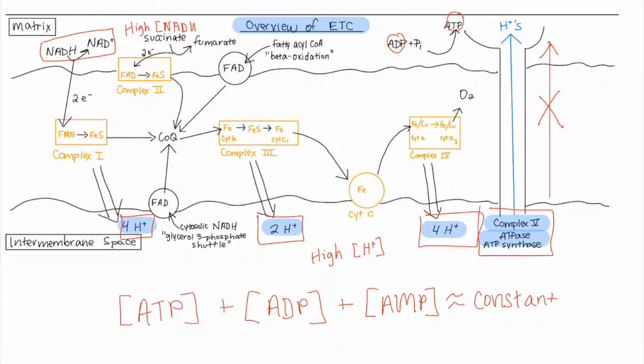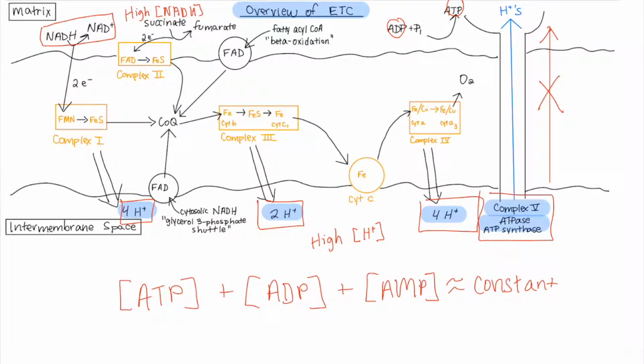So far we said if there's a lot of ATP, ATP synthase can't run, and then we're going to have this high proton gradient, so high that complexes 1, 3, and 4 can't continue to pump protons, because the energy you get by oxidizing NADH to NAD plus won't be sufficient for the protons to get pumped.